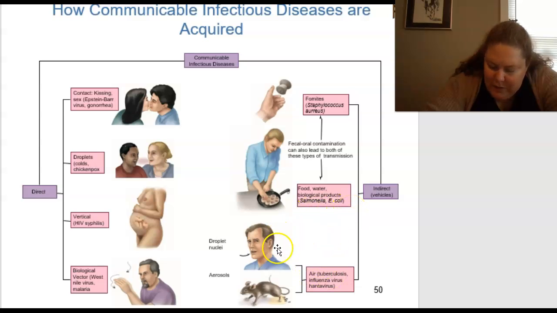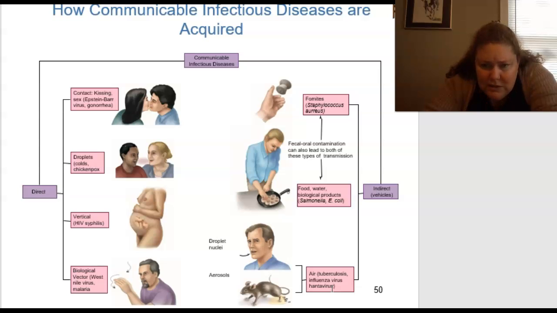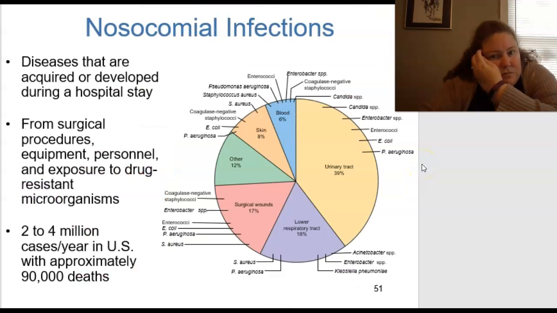You can also have droplet nuclei, where dry airborne respiratory secretions can transport, for instance, TB and influenza. These are your airborne microbes. Then you can also have aerosols, which are airborne animal wastes, such as hantavirus. Disturbed soil can transmit coccidioidomycosis. So there are a lot of different ways for direct or indirect transmission.